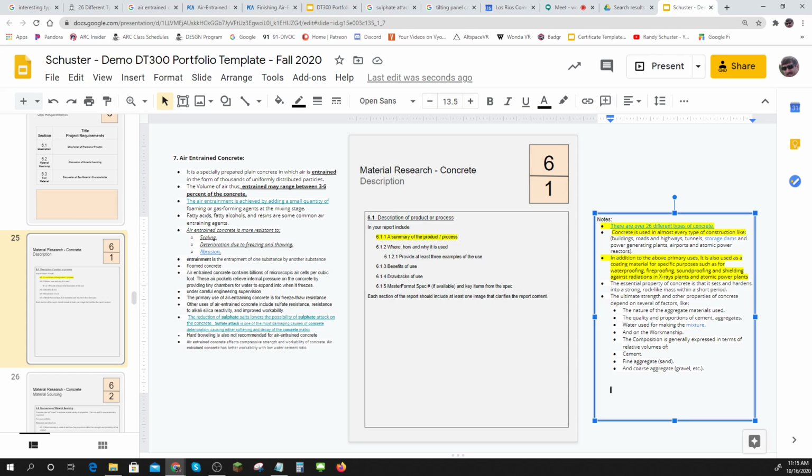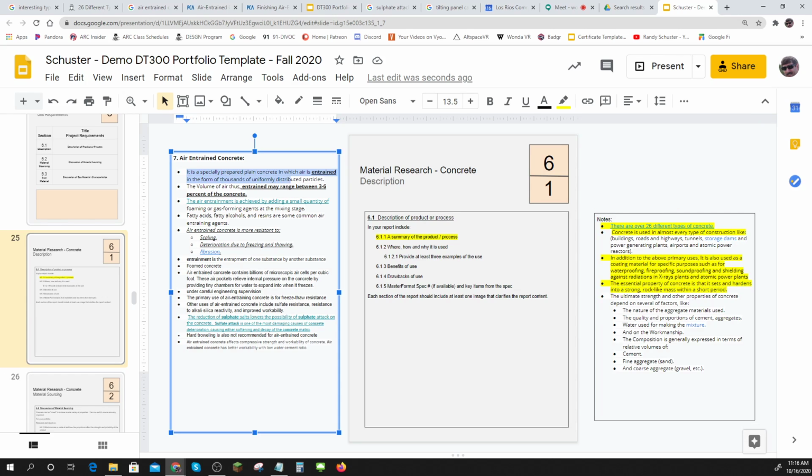And here, this is also general stuff about the process. So I'm identifying the stuff that really might go. Okay, but here's something about my entrained air. That's sort of the basics of it right there.